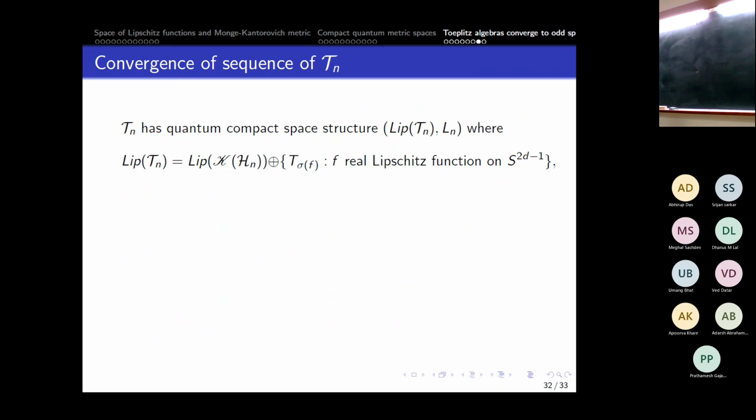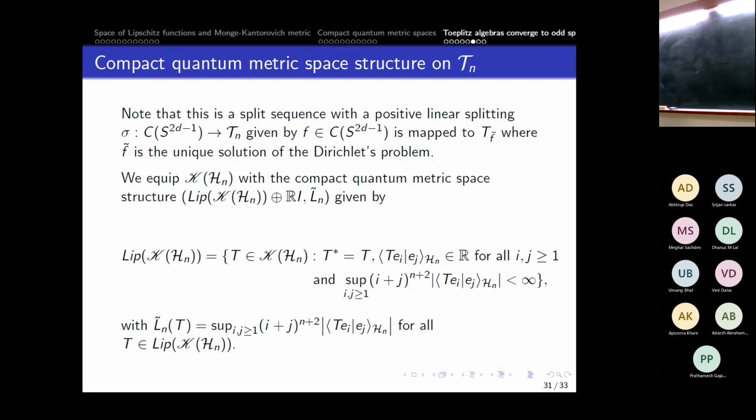Basically, the lip norm on KHN is defined via the Toeplitz operator generated by the real Lipschitz functions, taking the solution of the Dirichlet problem. No, it's not different.